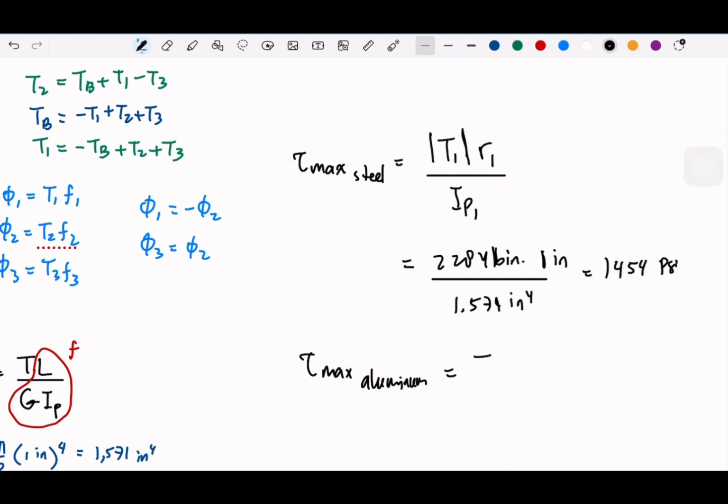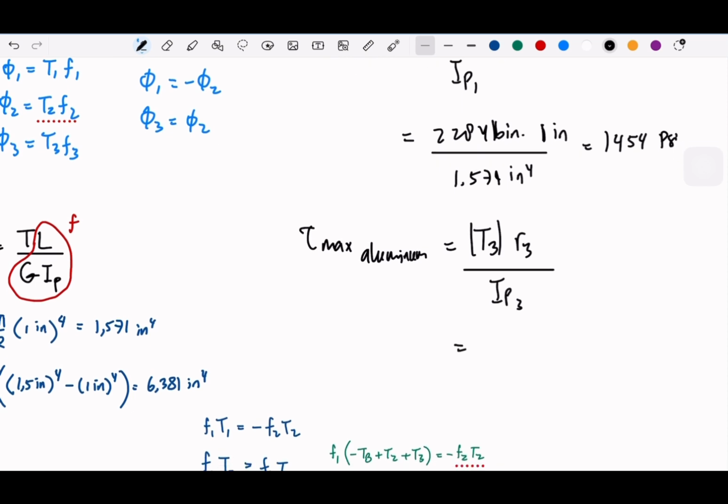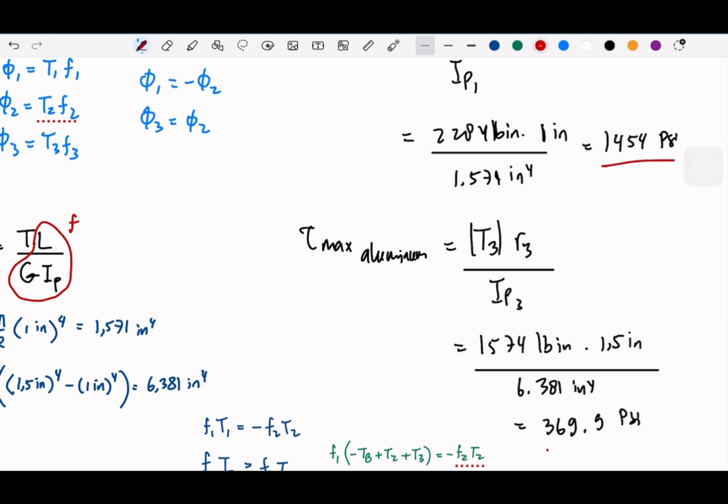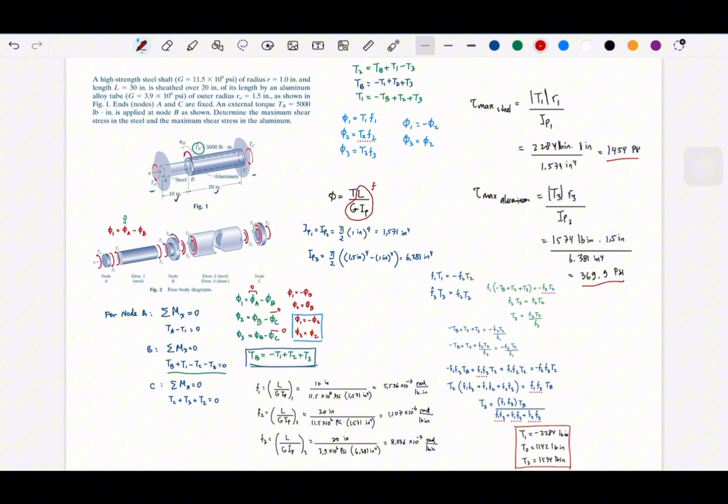Aluminum is only for T3. And similarly, we have taken all the information from the previous calculations. This will be 369.9 psi. So this is the tau max for each one of them. So steel and aluminum.